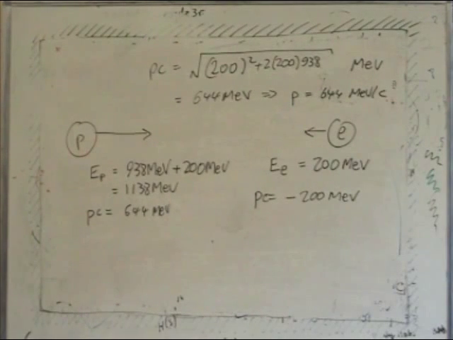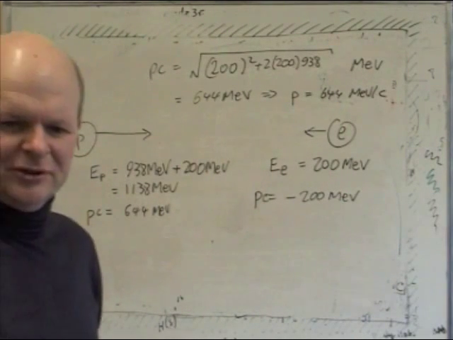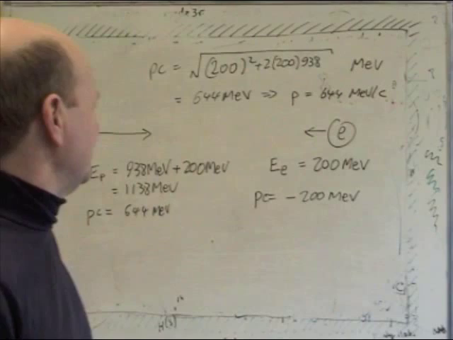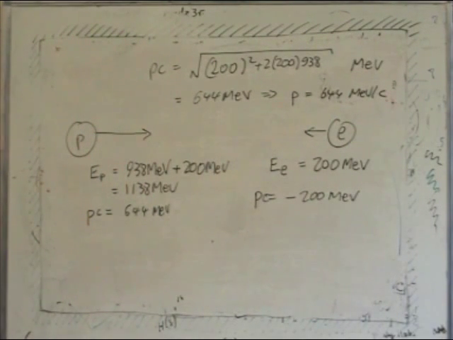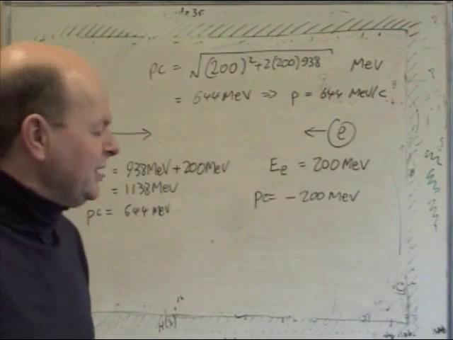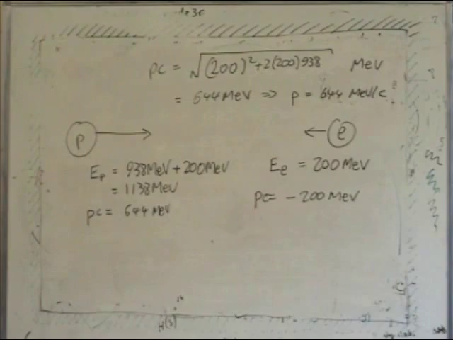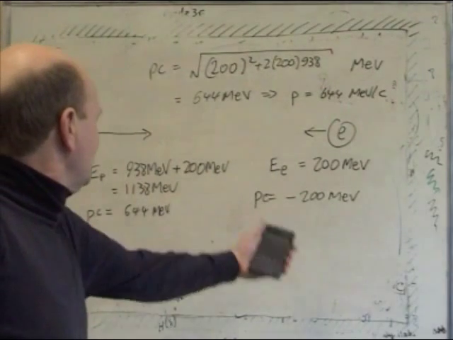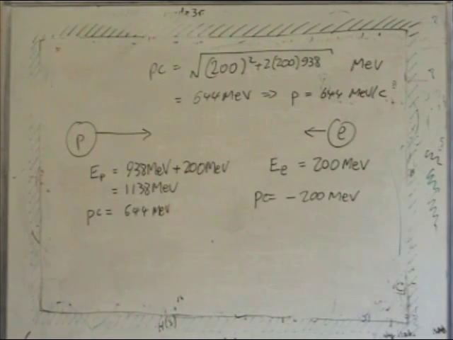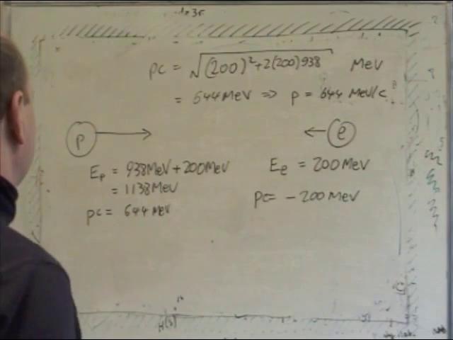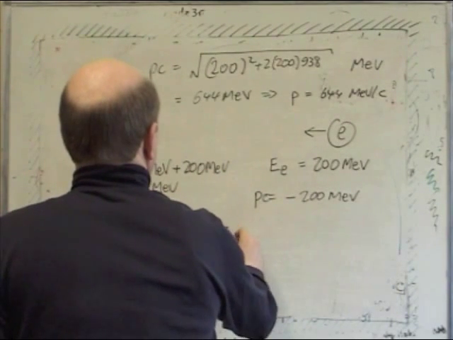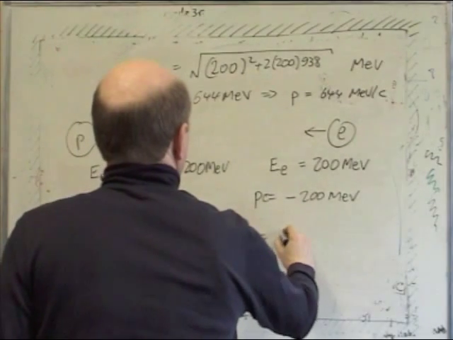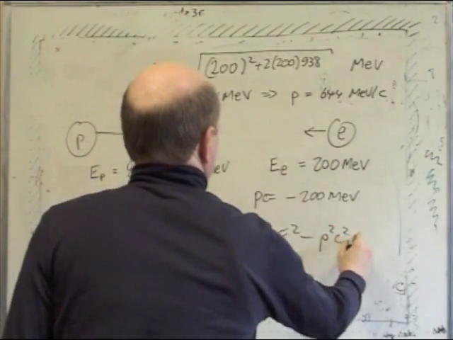Right, now the last bit of this problem's got a bit of a sting in its tail, because it turns out that you can't just add up the total energies to get the mass of the particle produced. Why? Because the particle isn't produced at rest. It can't be, because the sum of the momenta in the lab frame here is not zero. However, you can use a trick. Take the energy momentum mass relation and rewrite it as m squared c to the fourth equals E squared minus p squared c squared.